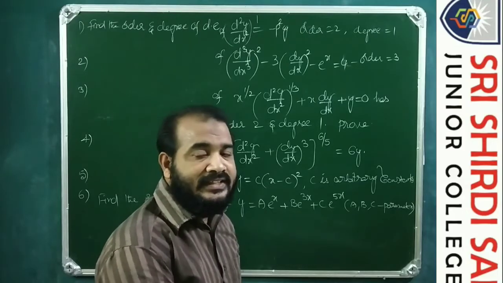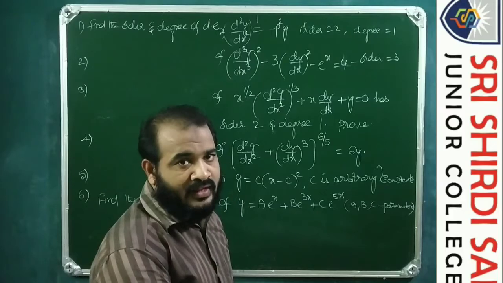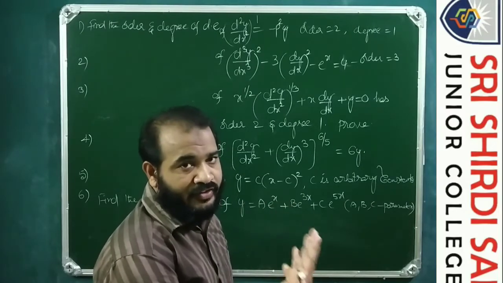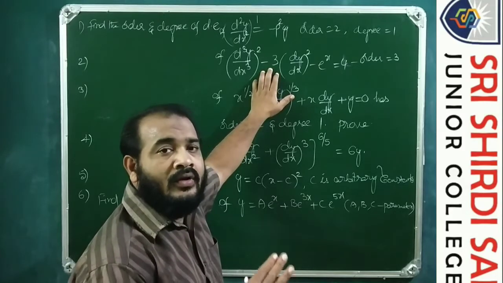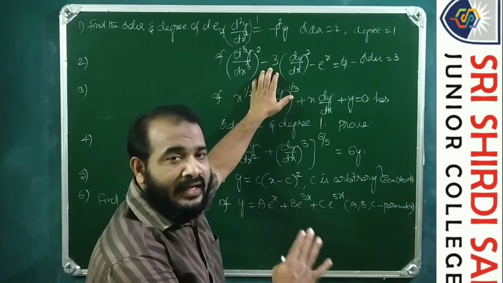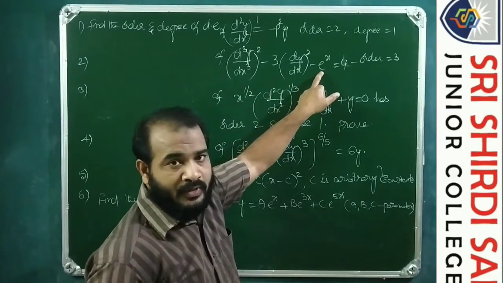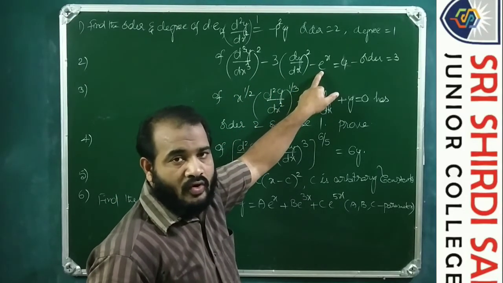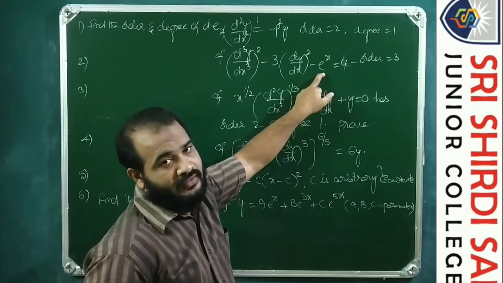But as far as degree is concerned, the condition to say the degree of a given differential equation is that it must first be a polynomial in the derivatives. This is not a polynomial, since it contains the exponential function.